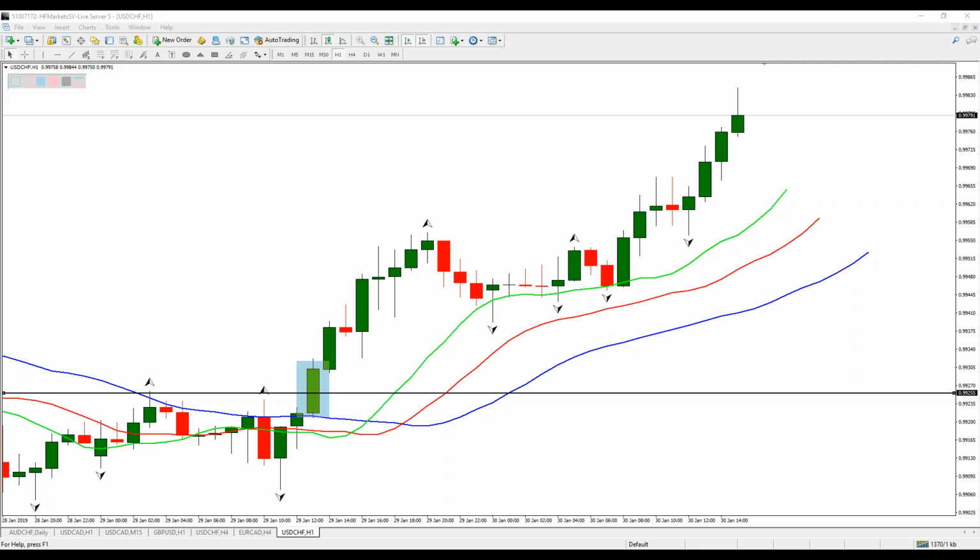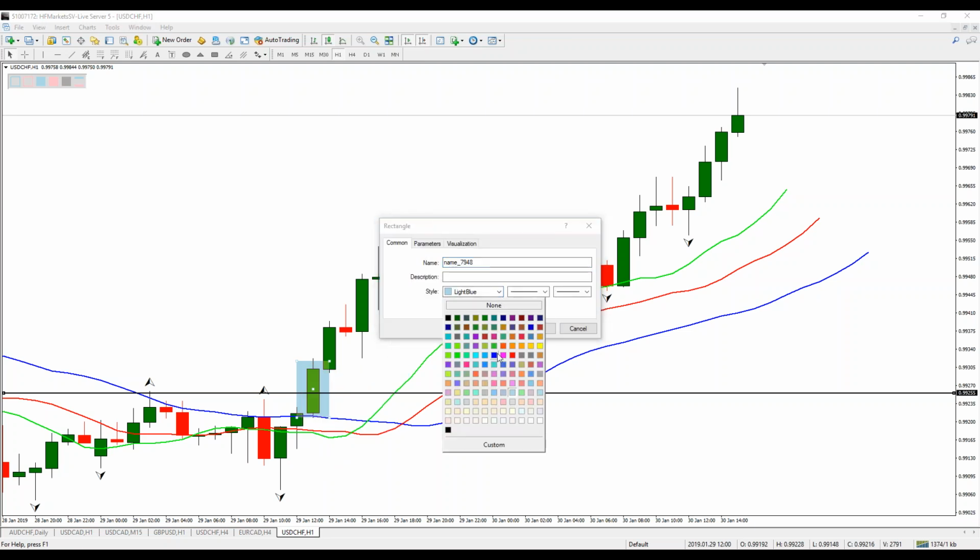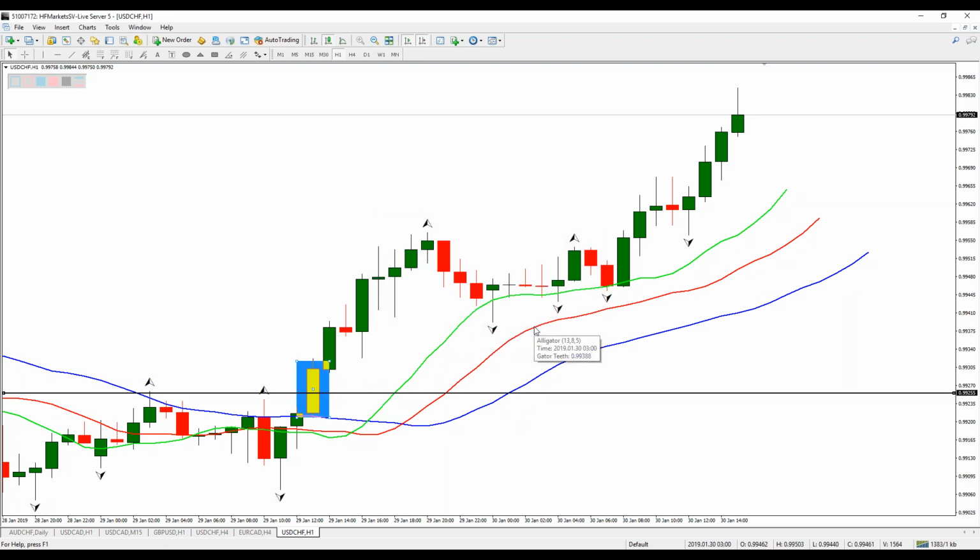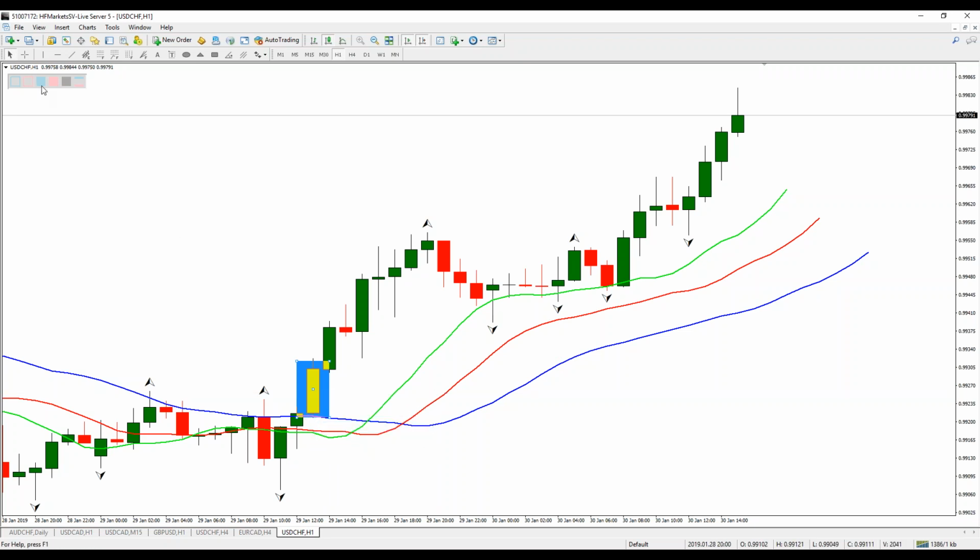If we look here, I go for the darker blue. You can see here, this is our entry point. Here is our entry point.